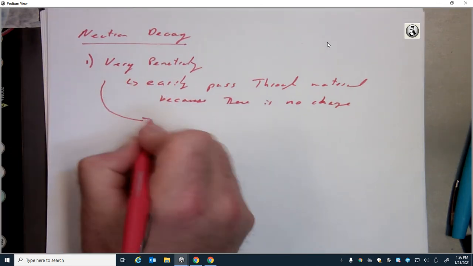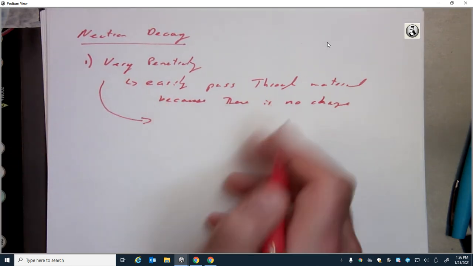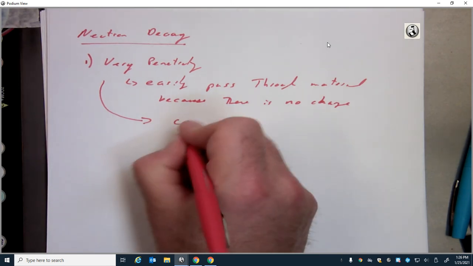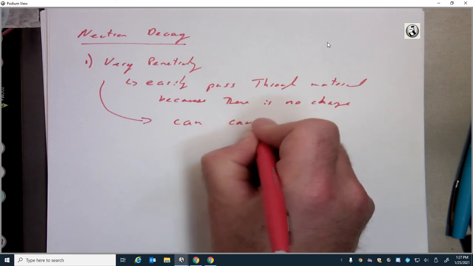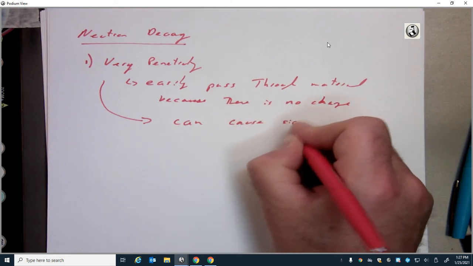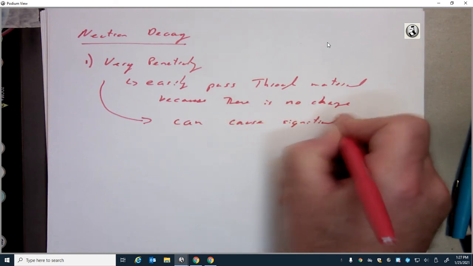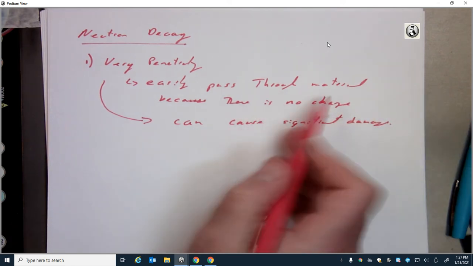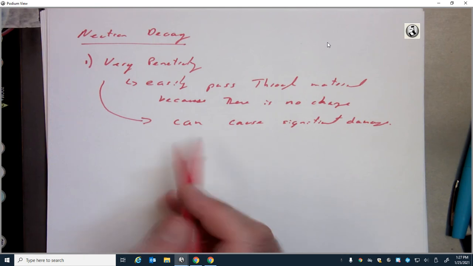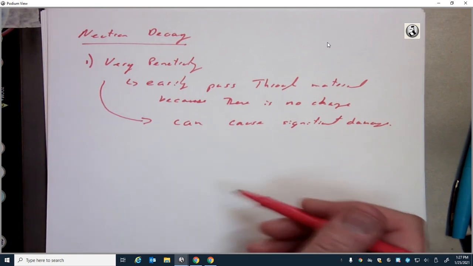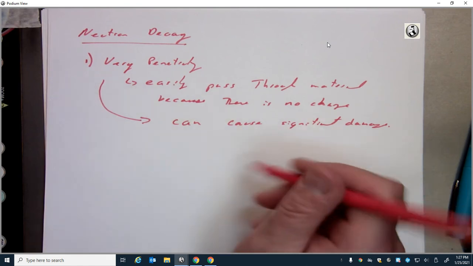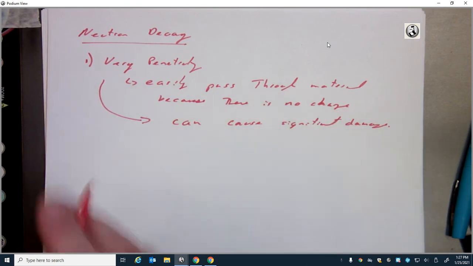Because it can go through here, it can cause significant damage. And because it doesn't have this charge, it'll easily pass into our body. And if it gets absorbed by, say, our DNA, it can cause a mutation.